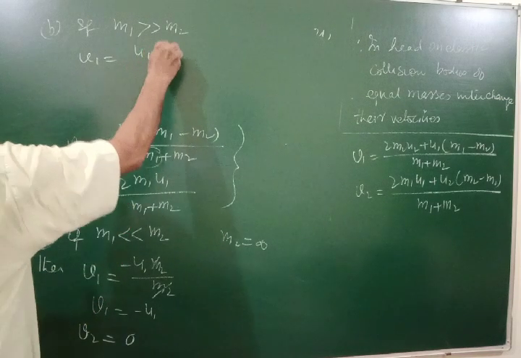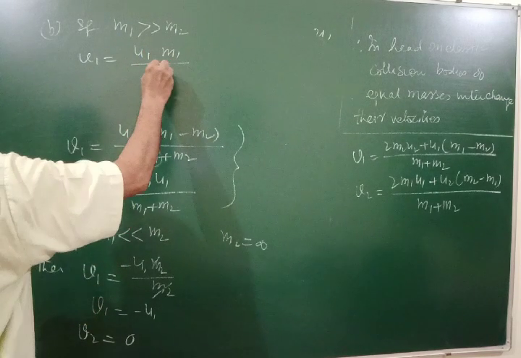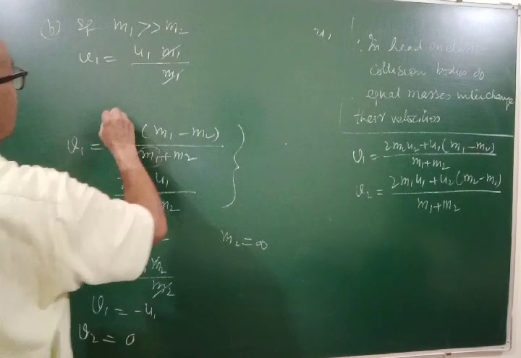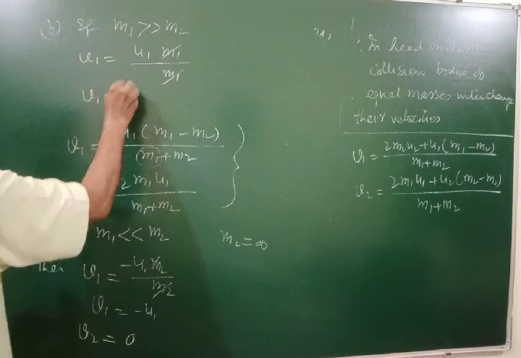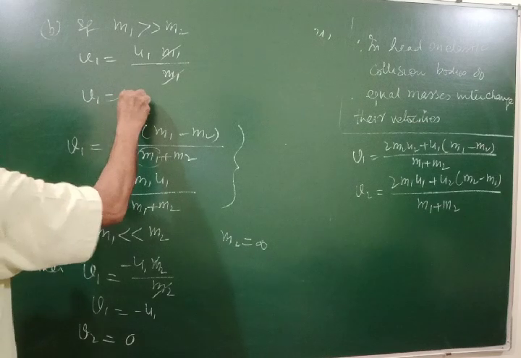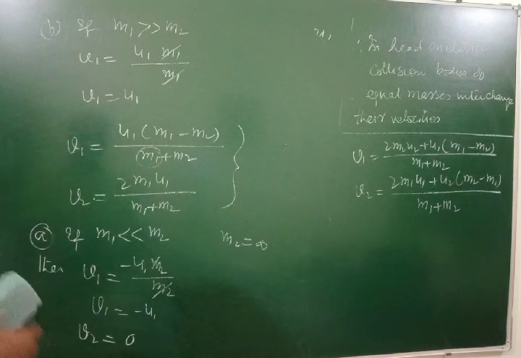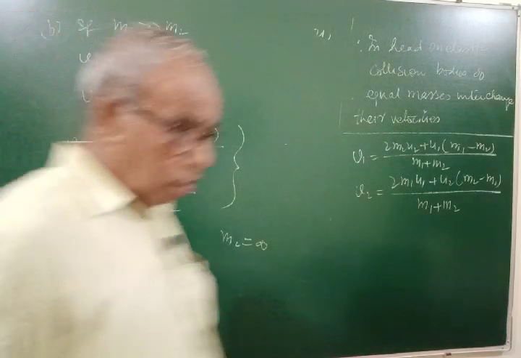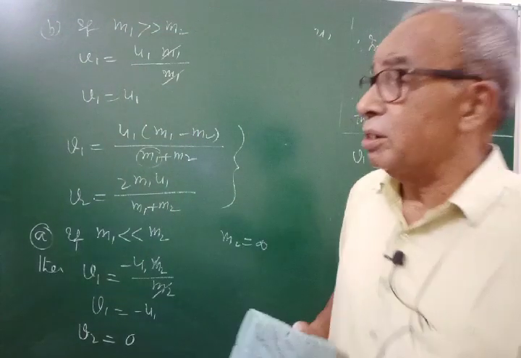So v1 is equal to u1. It means the colliding body will keep on moving with the same velocity. Its velocity will not change.